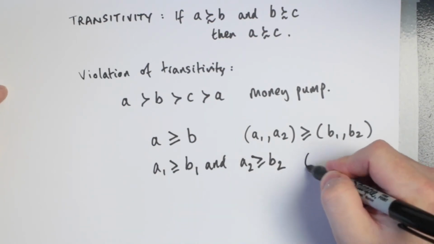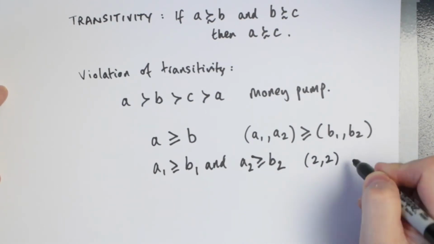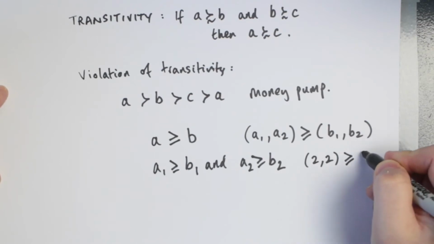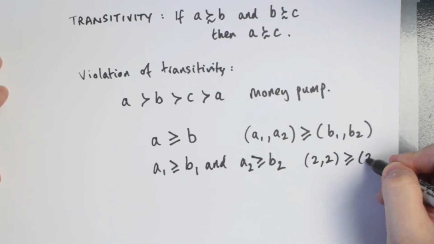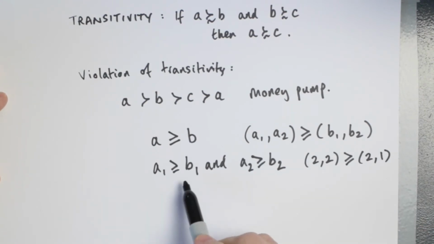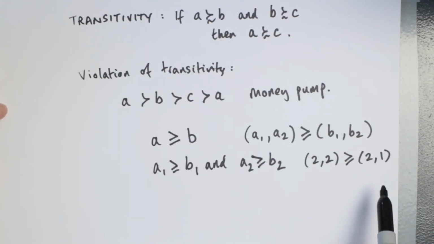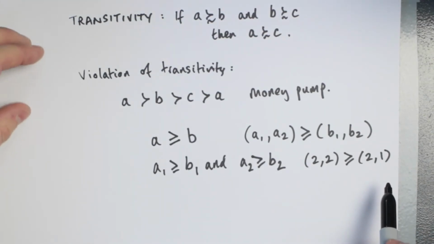For example, the bundle 2, 2 is greater than or equal to the bundle, let's say, 2, 1. The first coordinate is the same, so that's okay, and the second coordinate, 2, is larger than 1. Okay, so that's what we mean by this notation.